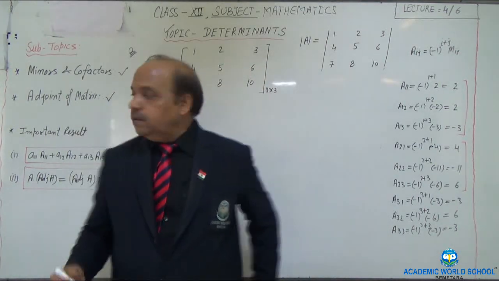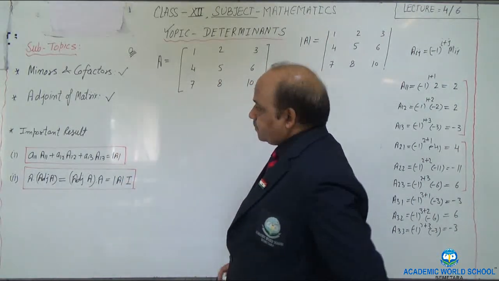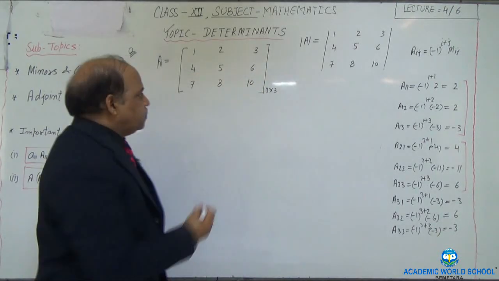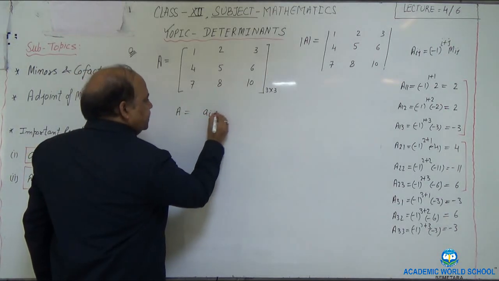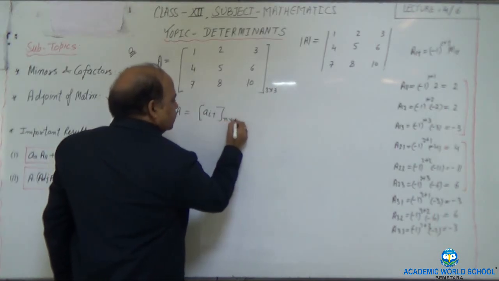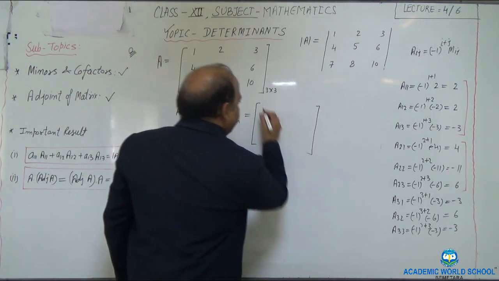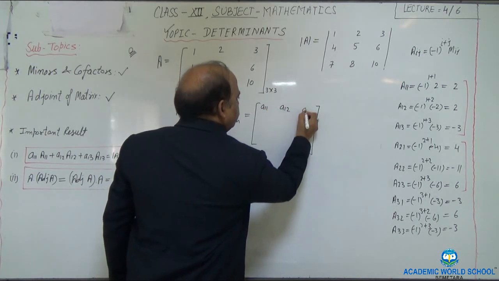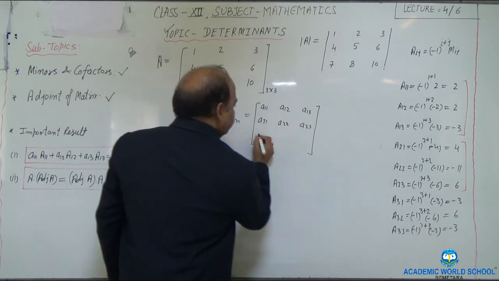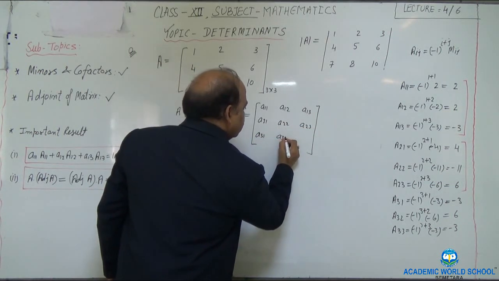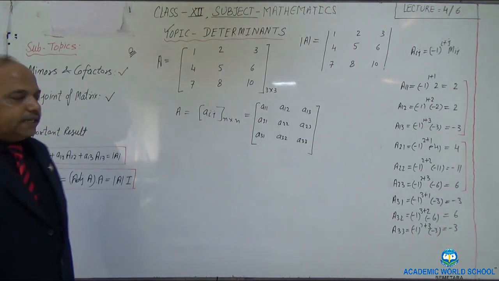Now, the very first property, please understand, it says that, if you remember in the beginning I took this matrix A as Aij n cross n, and in terms of elements, it can be written as A11, A12, A13, A21, A22, A23, A31, A32, A33. I hope you are remembering that.